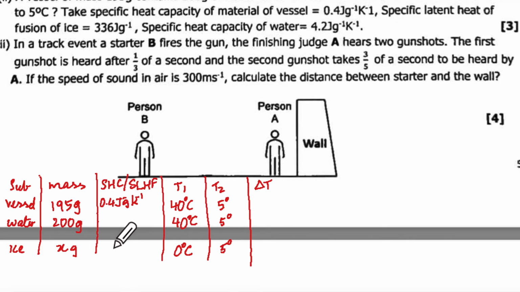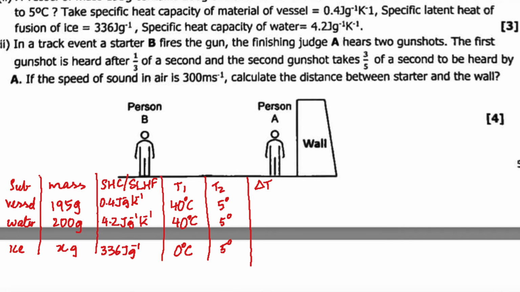Specific latent heat of fusion of ice is 336 joule per gram. SHC of water is 4.2 joule per gram per Kelvin.